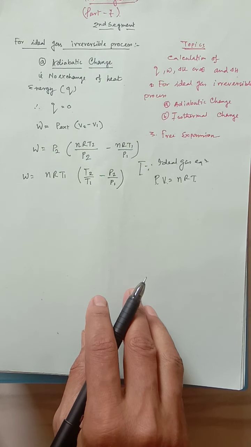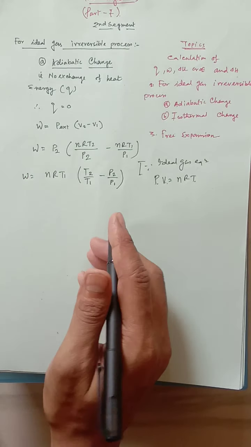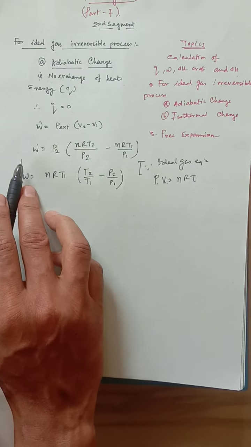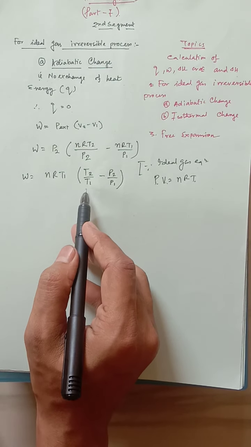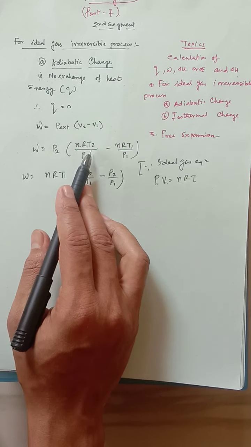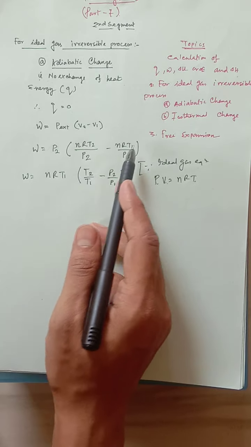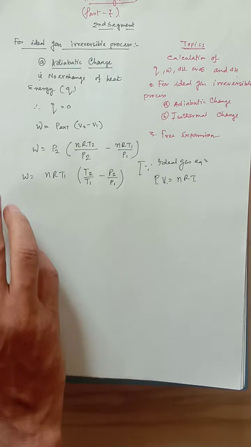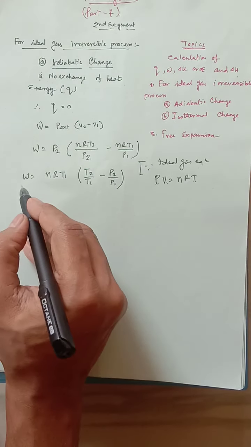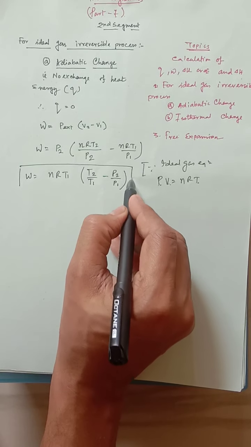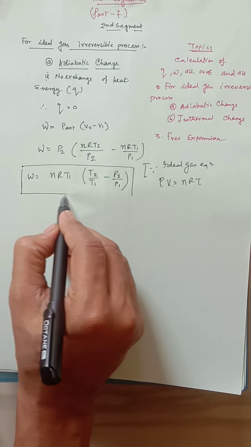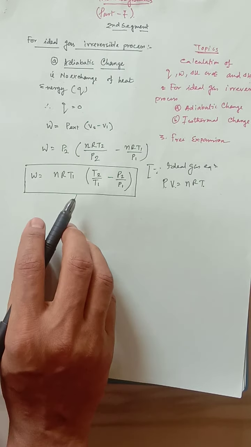We can write it in this manner, a simple mathematical operation. nRT1 has been taken out, so obviously it will be T2 by T1, and as P2 has been multiplied in, P2 cancels out, leaving P2 by P1. So ultimately we have got the value of W here.